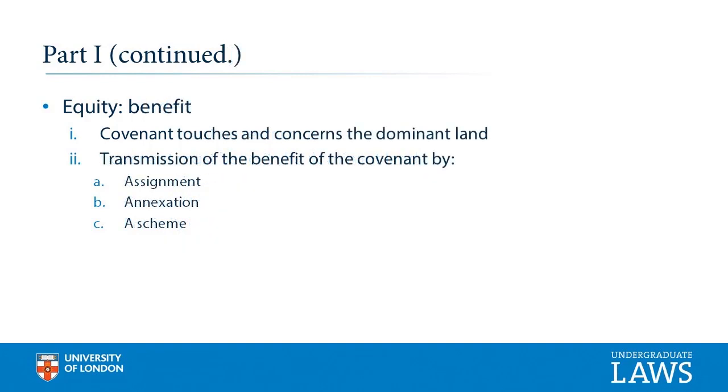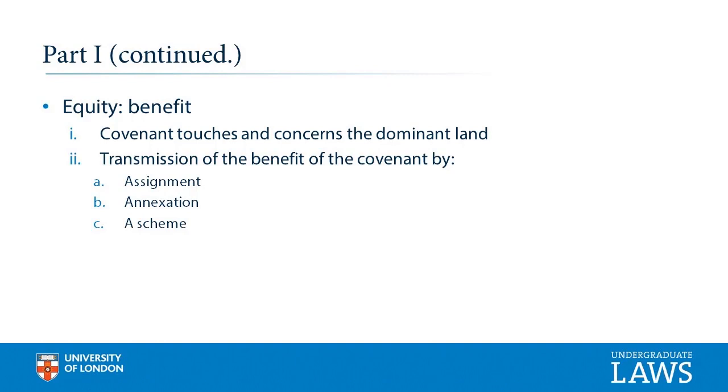In this part of the lecture, we shall identify the circumstances in which a covenant can be enforced in equity by the covenantee's successor in title. A covenant can be enforced by the covenantee's successor in title if two conditions are satisfied. The first condition is that the covenant touches and concerns the dominant land.